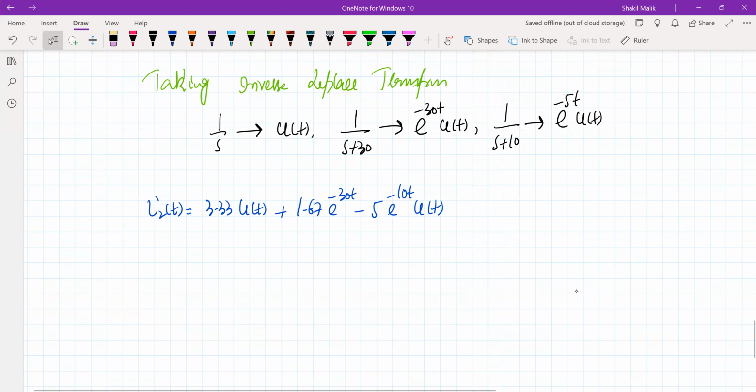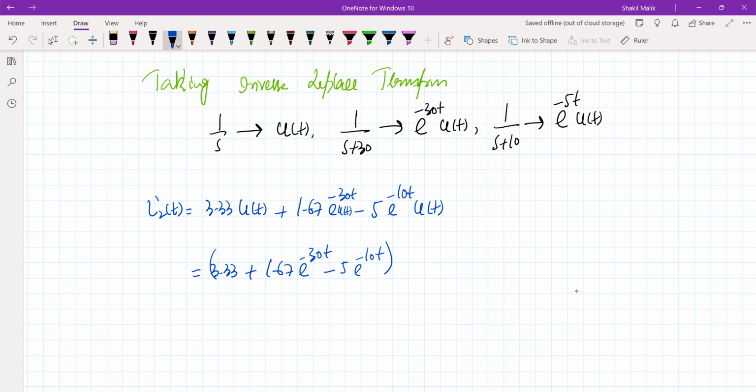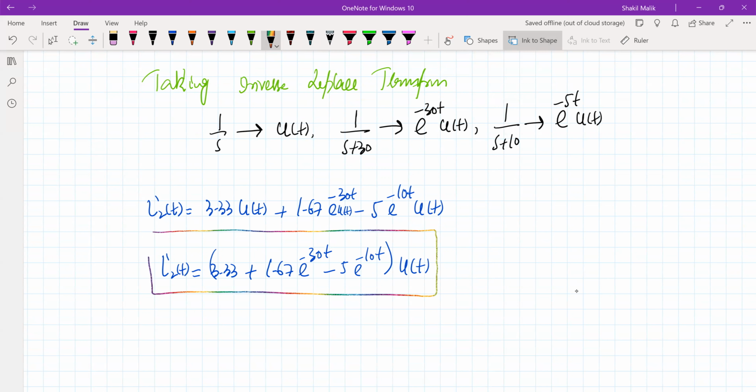So this is equal to 3.33 plus 1.67 e to the power of minus 30t minus 5 e to the power of minus 10t, then u of t. So this is the I2 of t, right? So we found the mesh current in loop two.